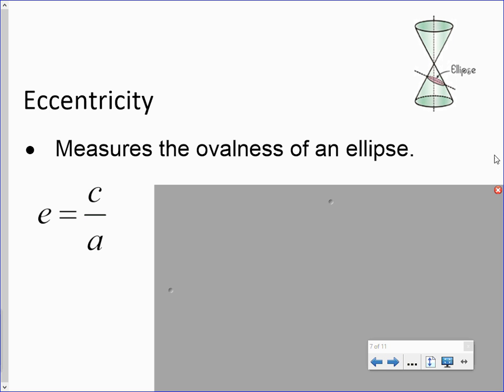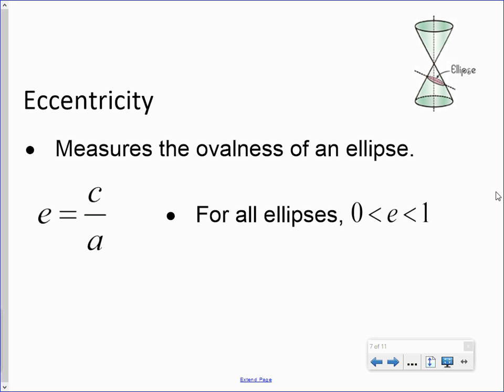Now, in order for this shape to be an ellipse, C over A must be somewhere in between 0 and 1. If C over A is equal to 1, that would actually be a circle.